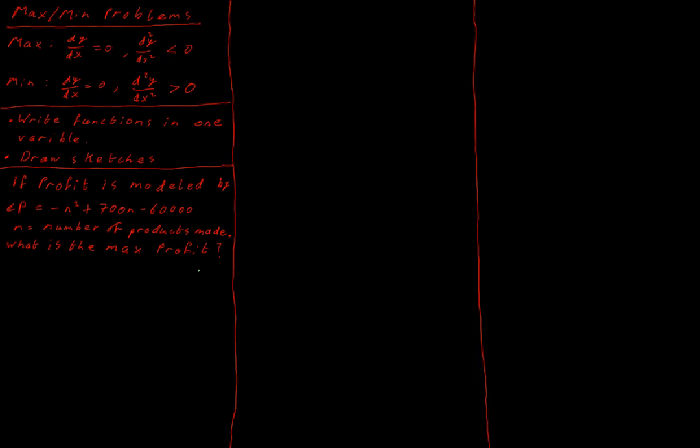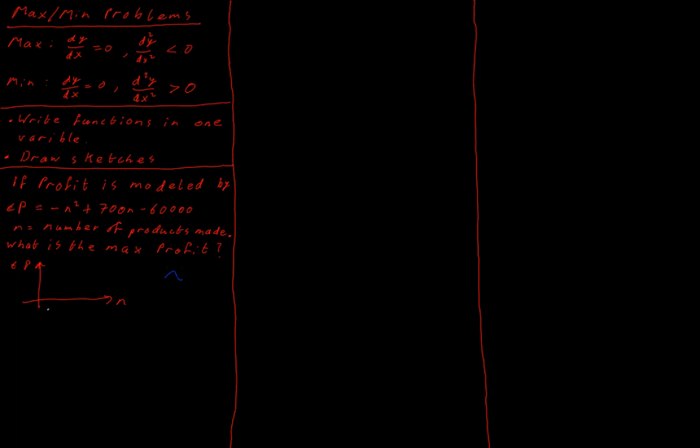But I can still draw a sketch, because this is a function, and I could draw a very quick, crude sketch for myself. If I have profit going here as my y-axis, a function output, and N being my number of products made, and this is in euro, my function is a negative quadratic. So a negative quadratic is a frowny face.